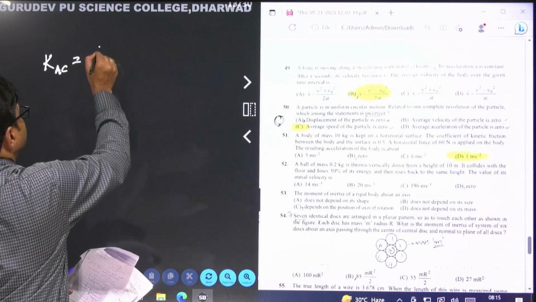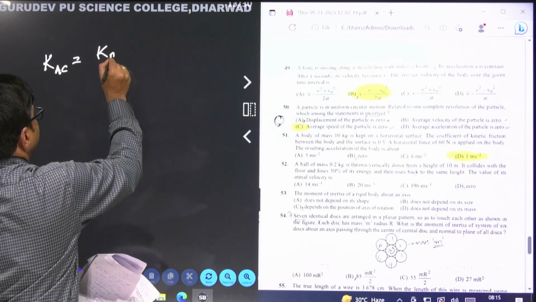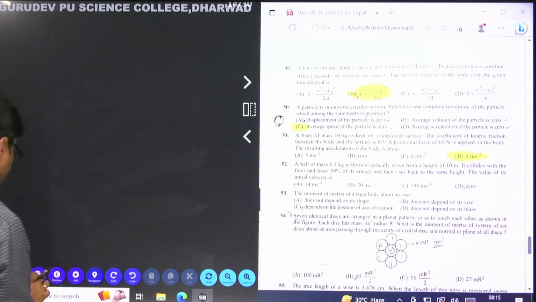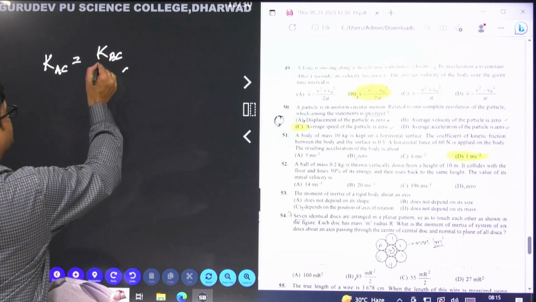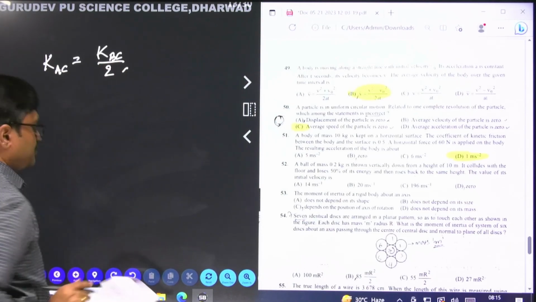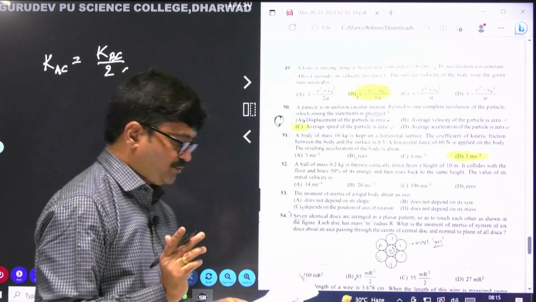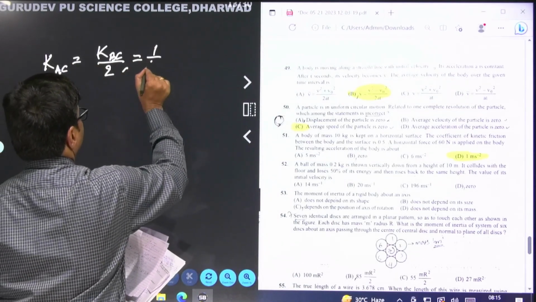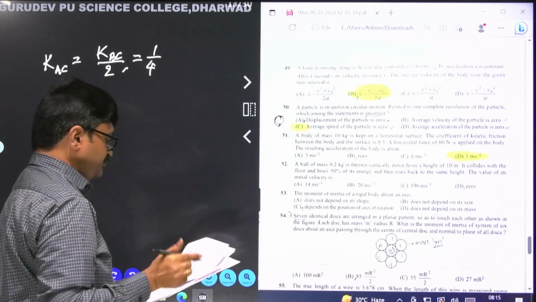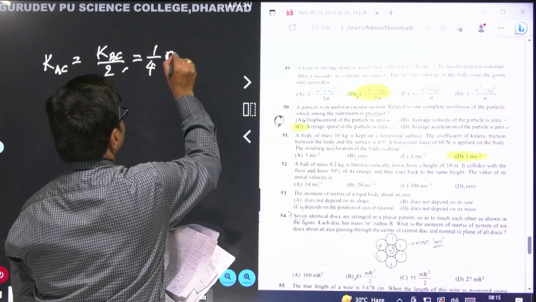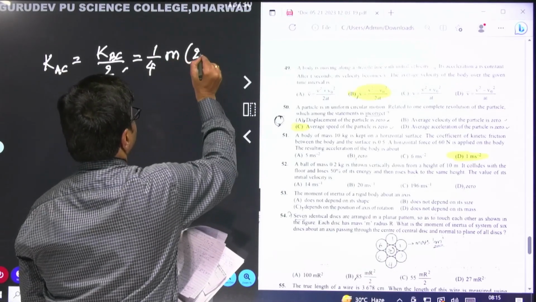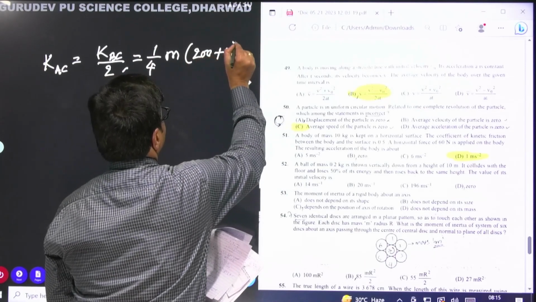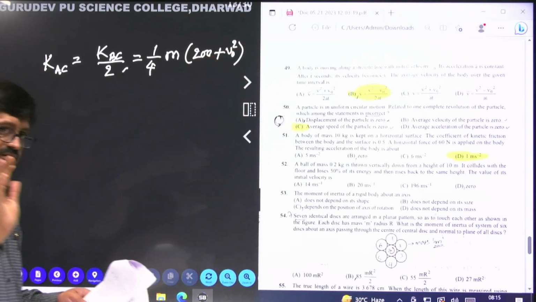So I'll just write it as KBC, before collision, divided by 2 here. 50% means 1 by 2. So hence this will be equal to 1 by 4 times of kinetic energy before collision. So m into 200 plus v naught square. This is what we have.